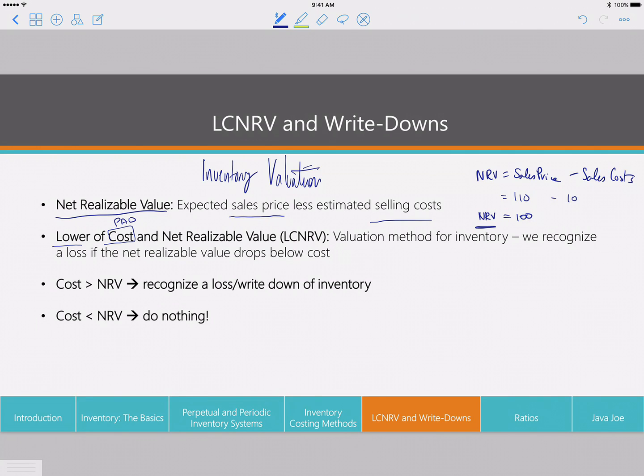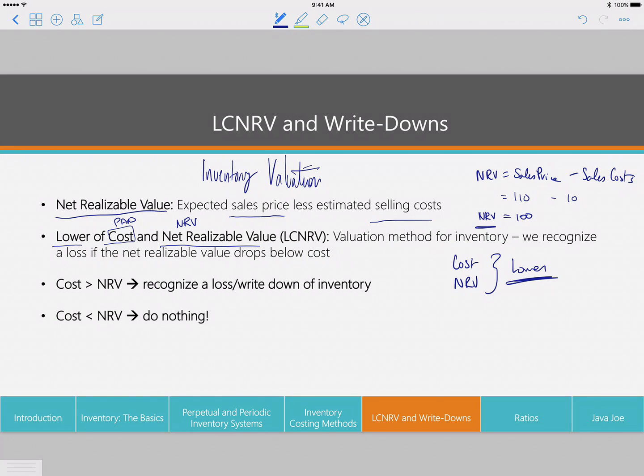If you remember, we include anything to make it ready for use. So it's the lower of cost and NRV. Essentially, we will just look at cost and NRV, and whichever is lower, that's how we show our inventory on our balance sheet.